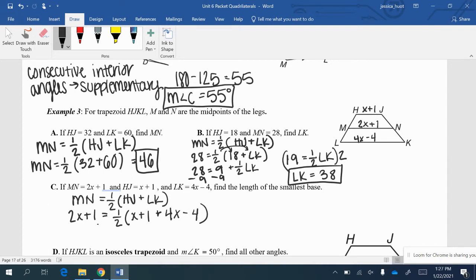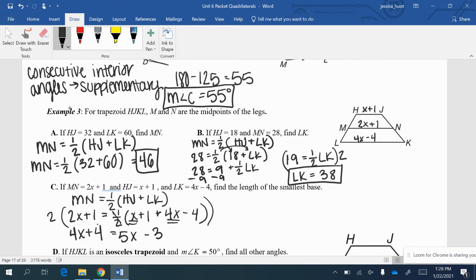One way that we could also do this instead is multiplying from the very beginning by 2 to get rid of this 1/2. So if I multiply the whole thing by 2, it will get rid of this 1/2 right here. So then this will become 4x plus 4 equals, combine like terms, 5x minus 3.